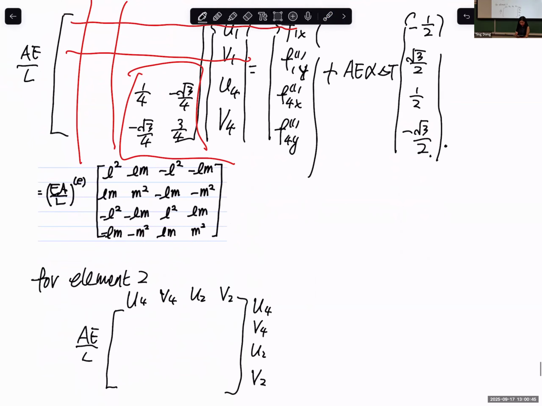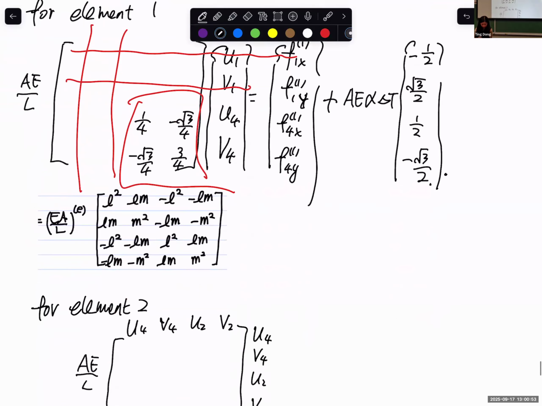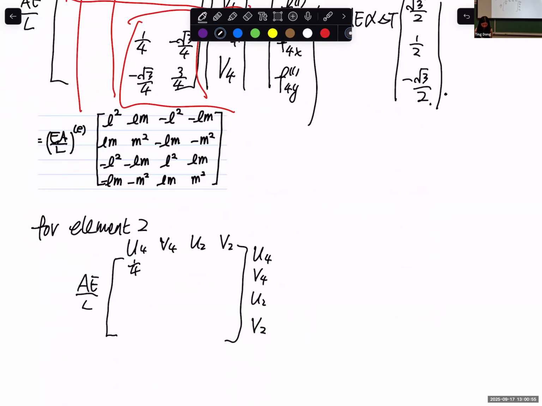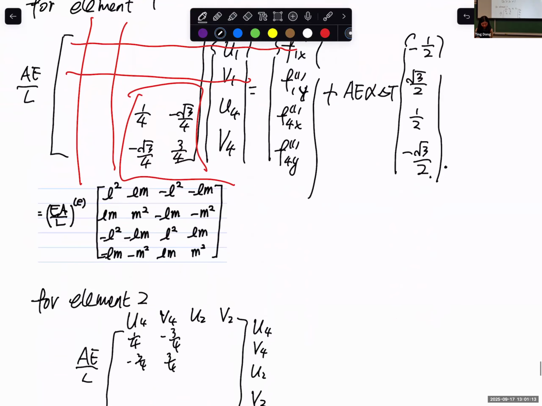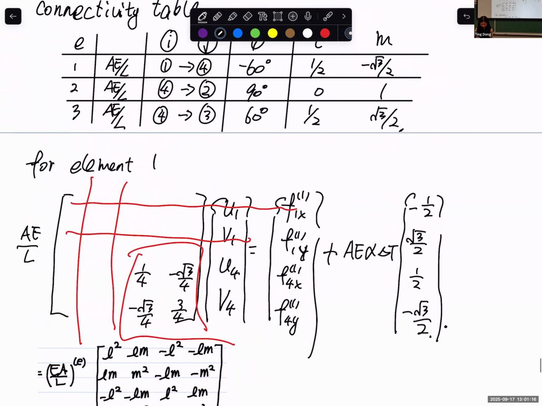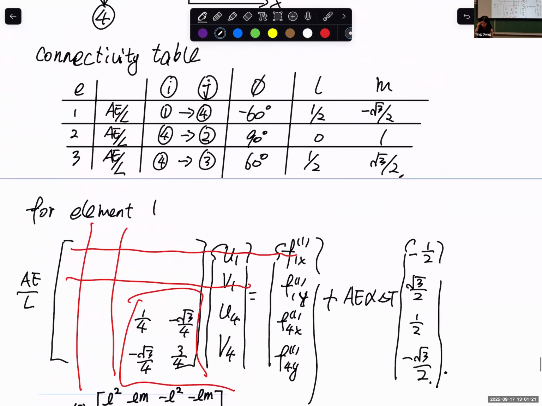Okay, so what are the numbers? One over 4. So is this based on, what are the L and M did you use?